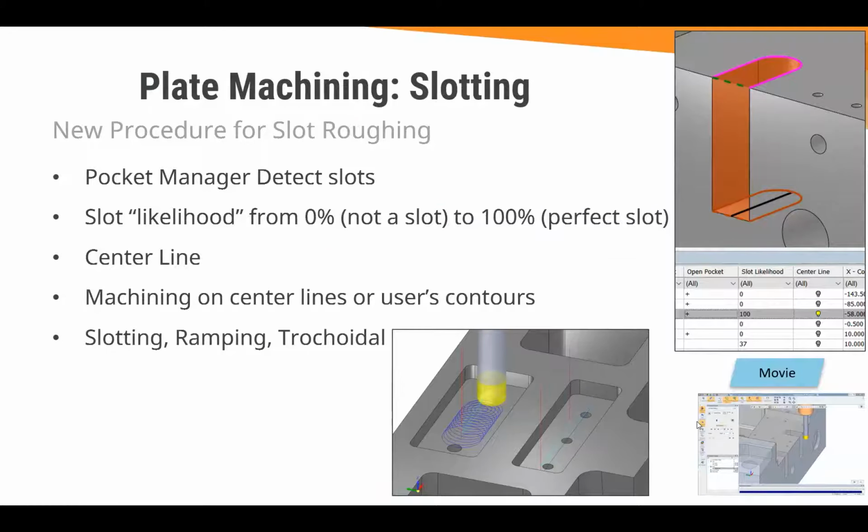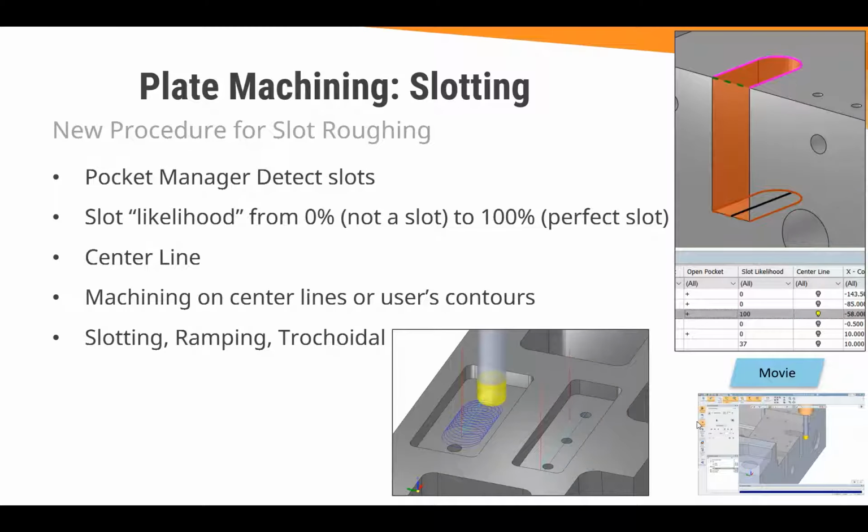So again, we can do a similar operation for a slotting procedure. So the Pocket Manager detects slots as well. It has a likelihood function, so it can generate a 0 to 100% possibility of it being a slot, which is quite nice because it allows you to see where it thinks the slots will be.